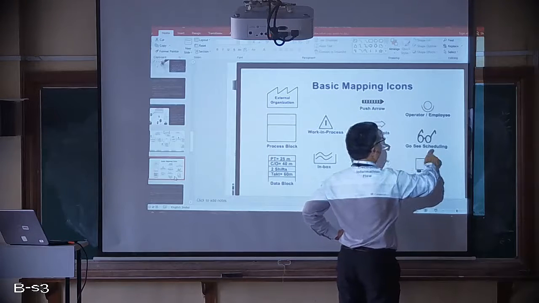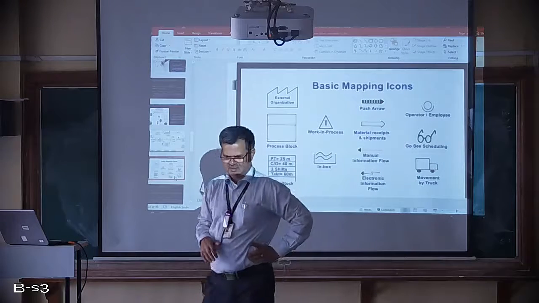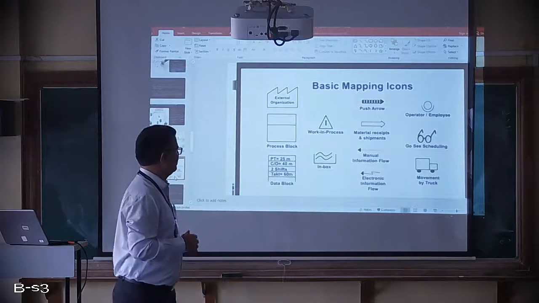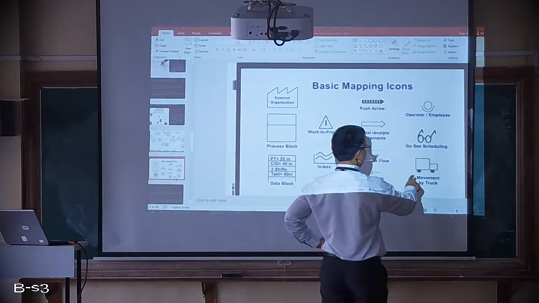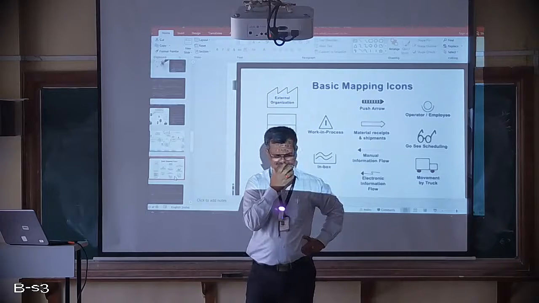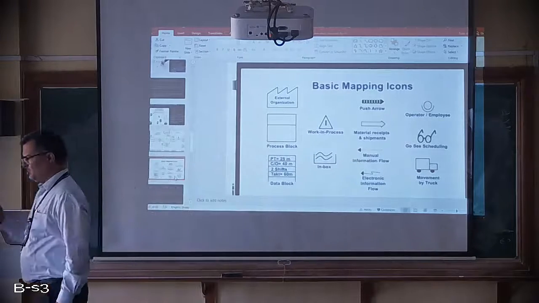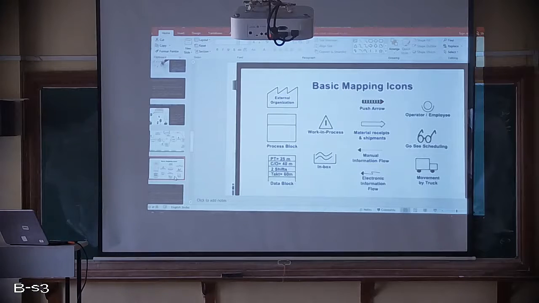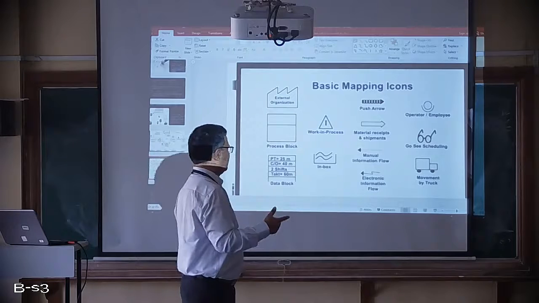Next is go-see scheduling, shown here. And movement by truck is shown with a truck with wheels. Normally in logistics, materials are transported from place to place through roadways, railways or waterways.